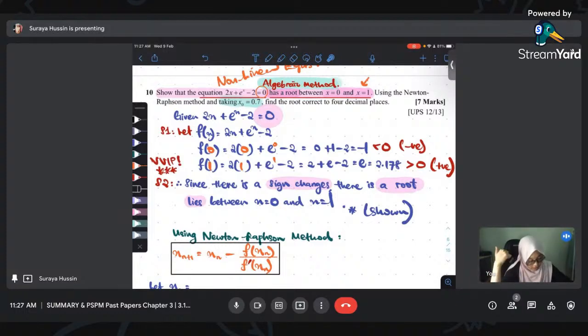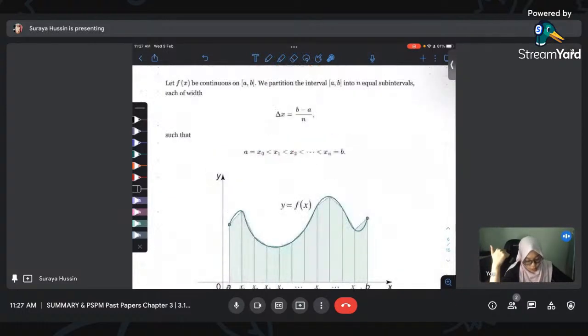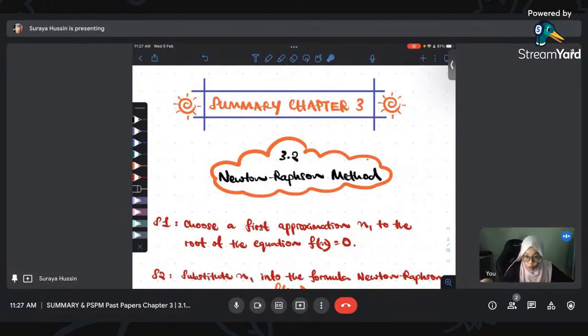Okay? Good. Now, let's go to 3.2, Newton-Raphson Method, ataupun iteration method. I'm not sure whether we have learned this in SPM dulu. Dah belajar ke dulu? Are you familiar with Newton-Raphson? Dulu zaman SPM seingat saya belajar. How about you guys? Did you learn this in your SPM level dahulu?